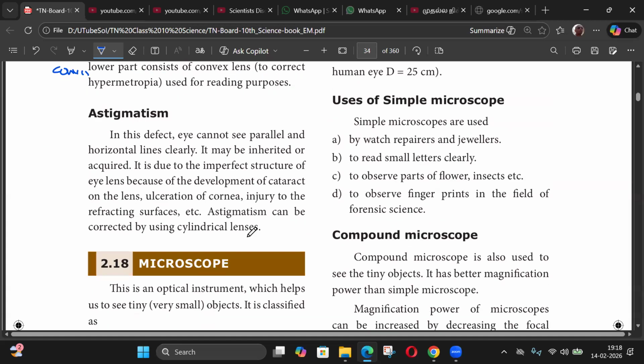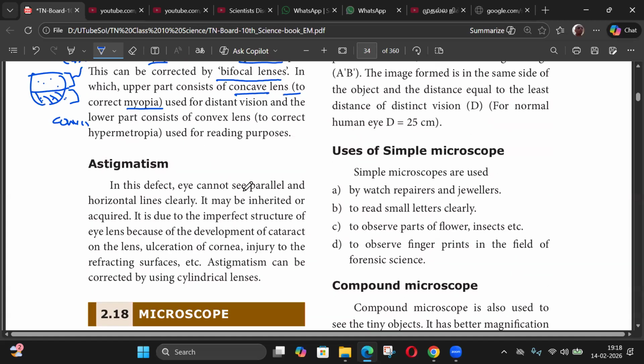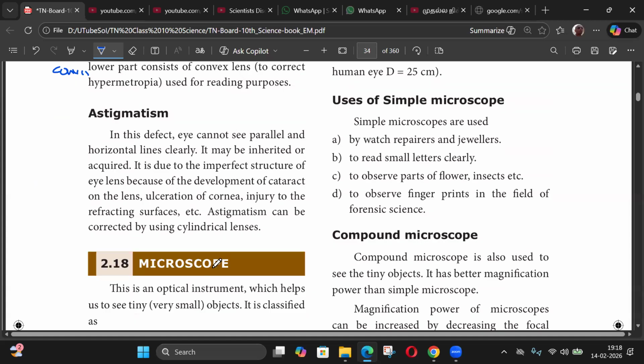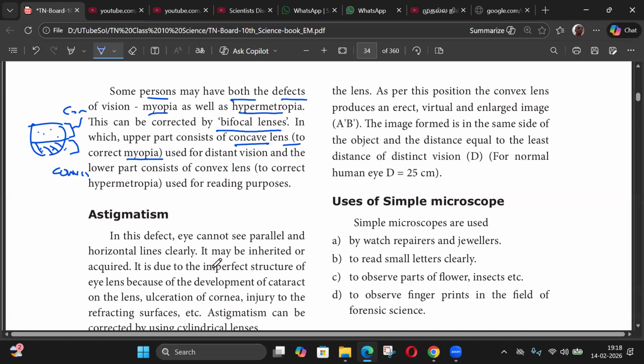In addition to that, there is astigmatism. Even if the problem is there, there is another problem. Suppose you have an object like this, with a normal eye.